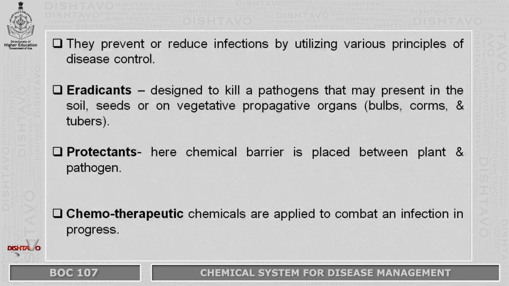Next we have protectants. Here a chemical barrier is placed between the plant and the pathogen. Third, we have chemotherapeutic chemicals which are applied to combat any infection which is in progress.